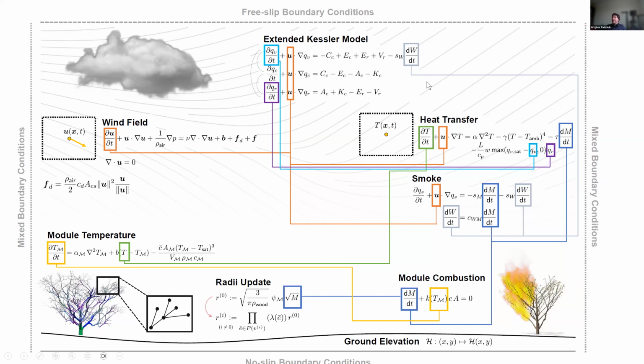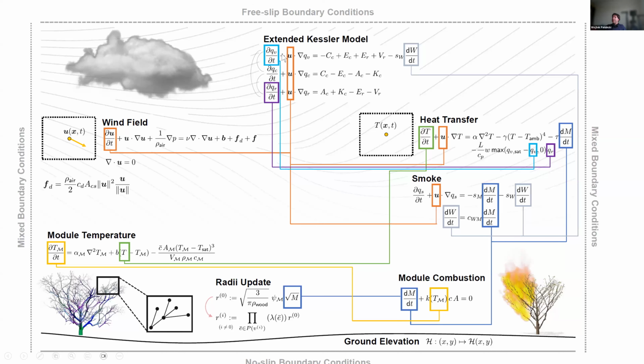So this is a graphical visualization of the differential equations which we're using here. Some of these I've shown you in this presentation, such as the module combustion, or the heat transfer, or the module temperature. We also have the Navier-Stokes equations for the wind field. We use a very simple weather model, essentially coming from the 1970s, which we extended slightly, which is based on the Kessler model.